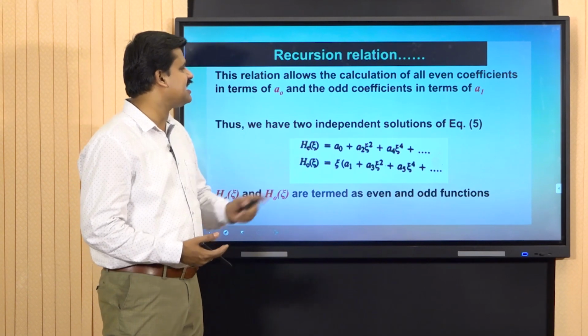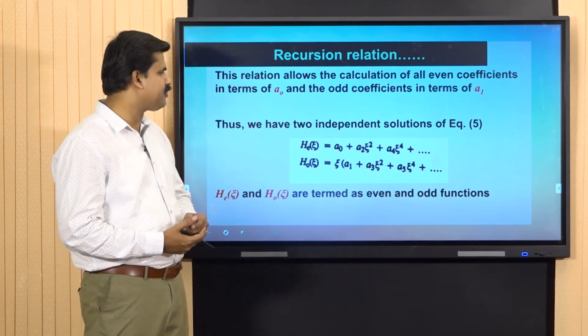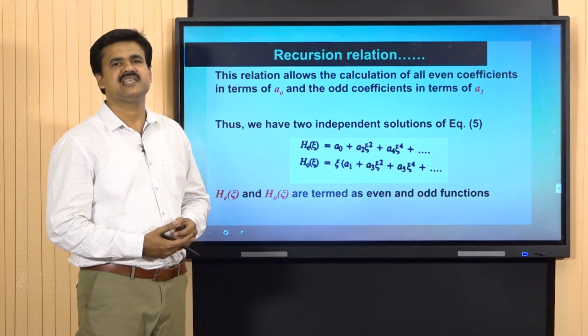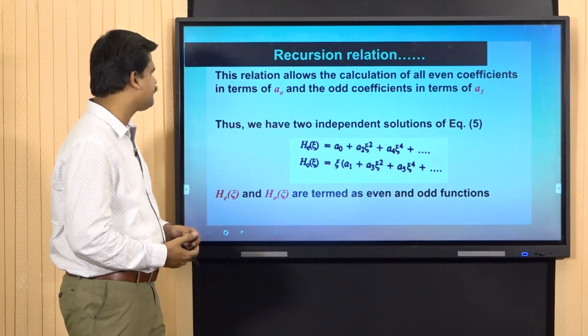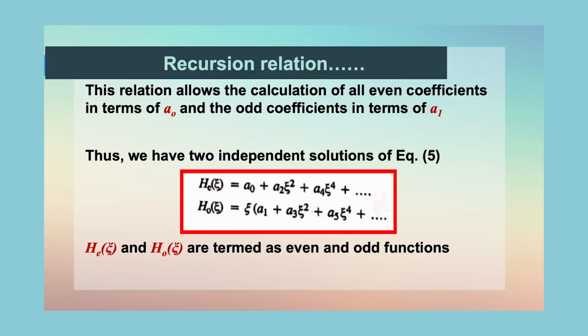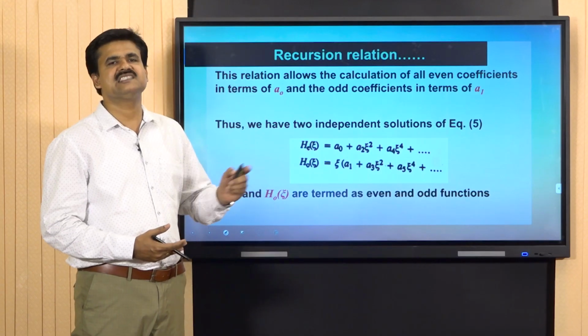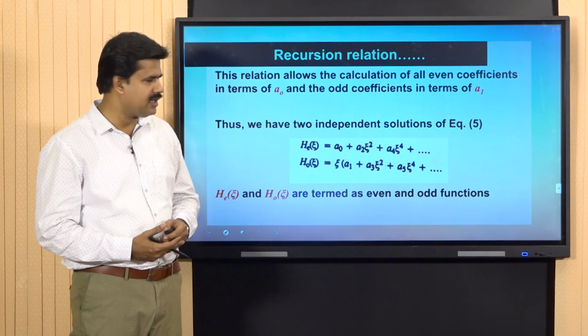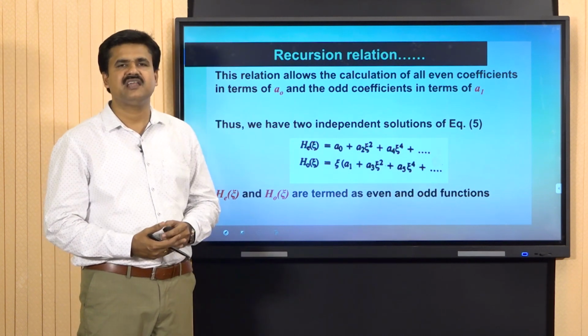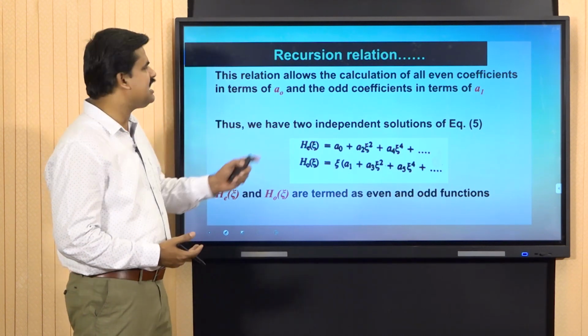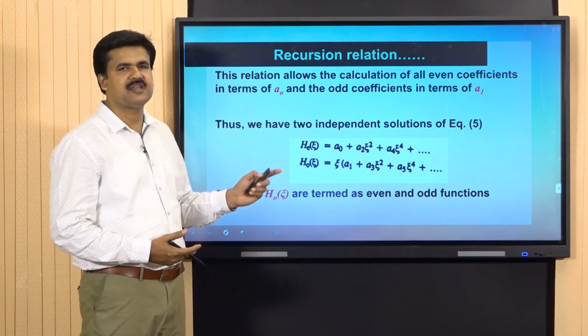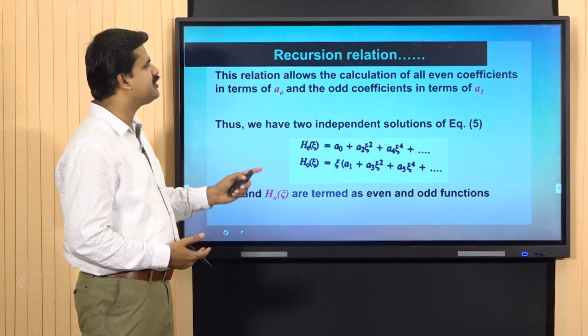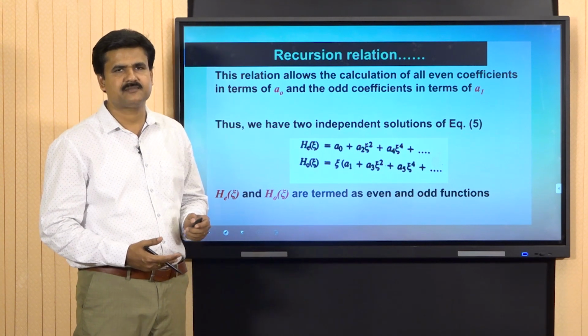H even psi is equal to A0 plus A2 psi square plus A4 psi raised to 4, and H odd psi is equal to psi into A1, A3 psi square, A5 psi raised to 4, etc. Thus, we are getting two functions called even functions and odd functions. The even functions and odd functions can be obtained from equation 5 like this.